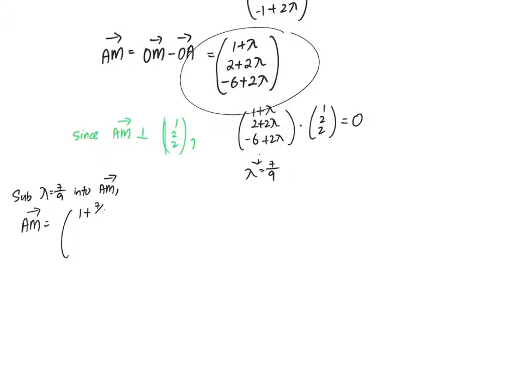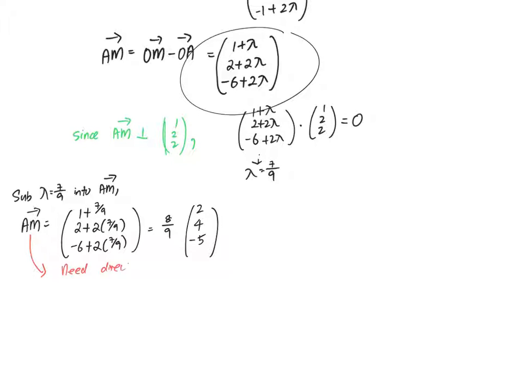You have 1 plus 7 over 9, 2 plus 2 of 7 over 9, negative 6 plus 2 of 7 over 9, and AM turns out to be 1 over 9 of (16, 32, -40)... Remember that the AM you are finding is because you need a direction vector.